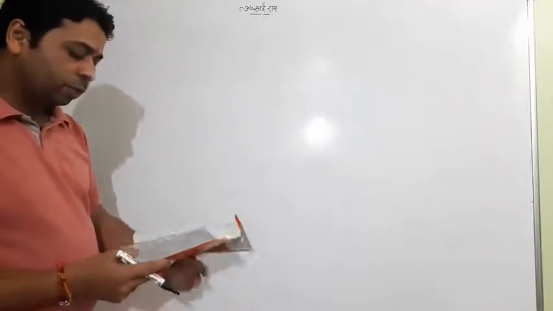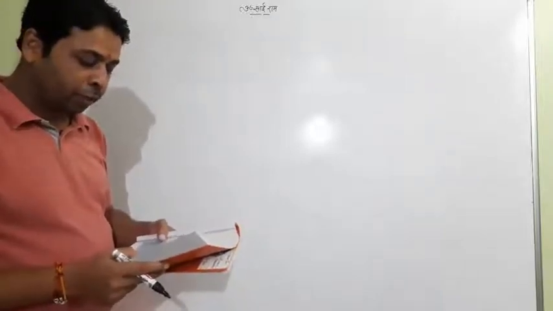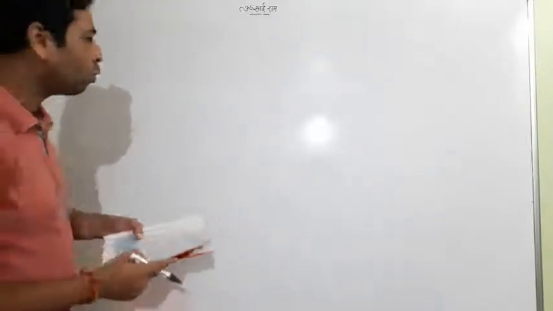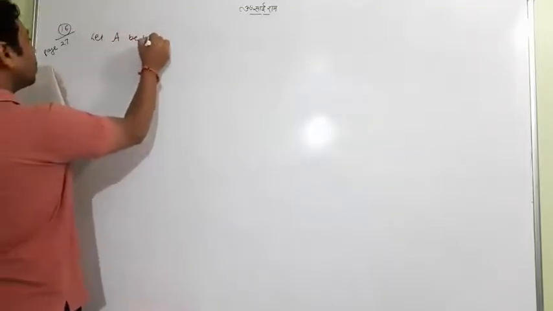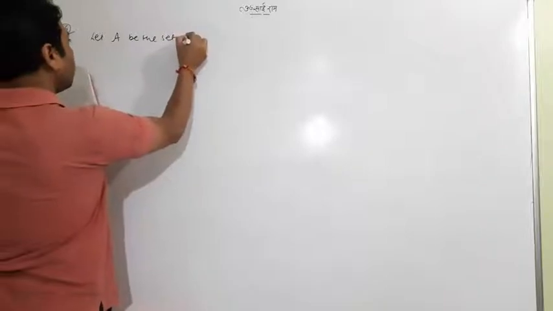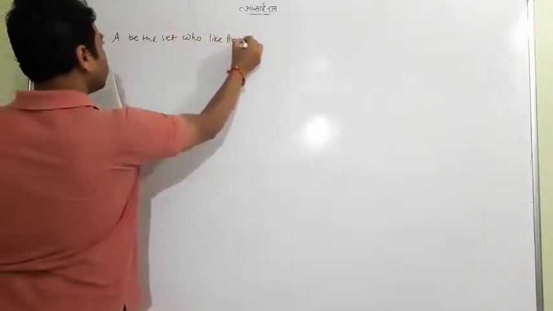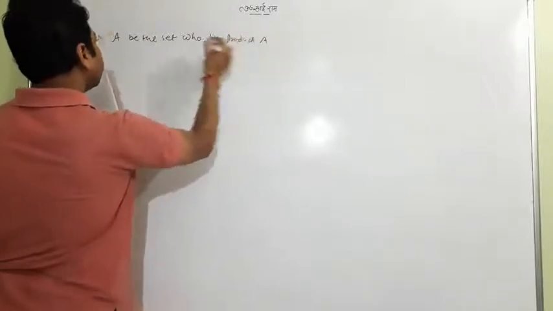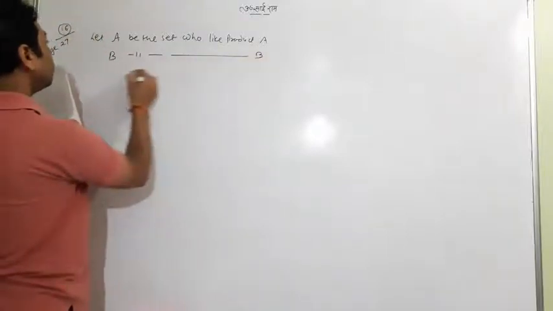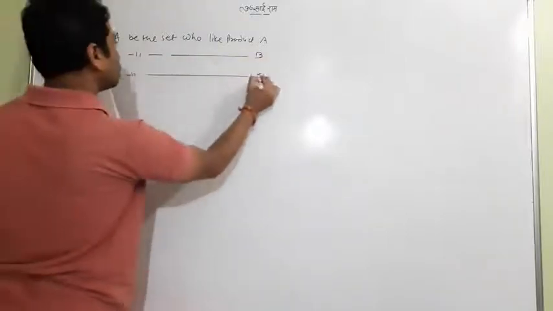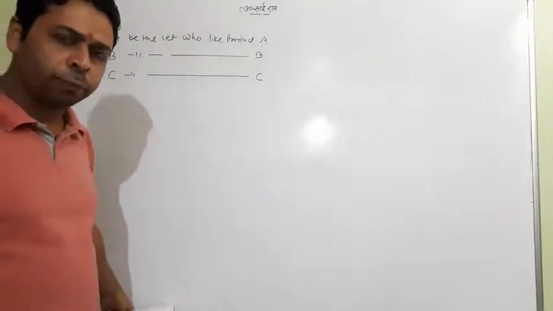In a survey, it was found that 21 people like product A, 26 like product B, and 29 like product C. Okay, let A be the set of people who like product A, B the set who like product B, and C the set who like product C. I put very similar names just so you are not confused.